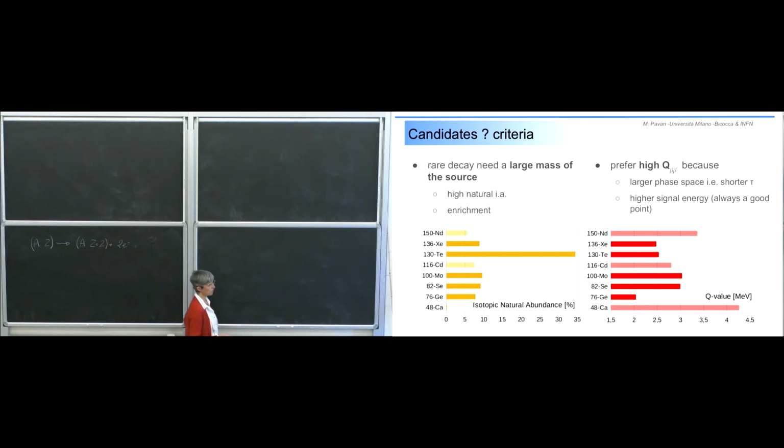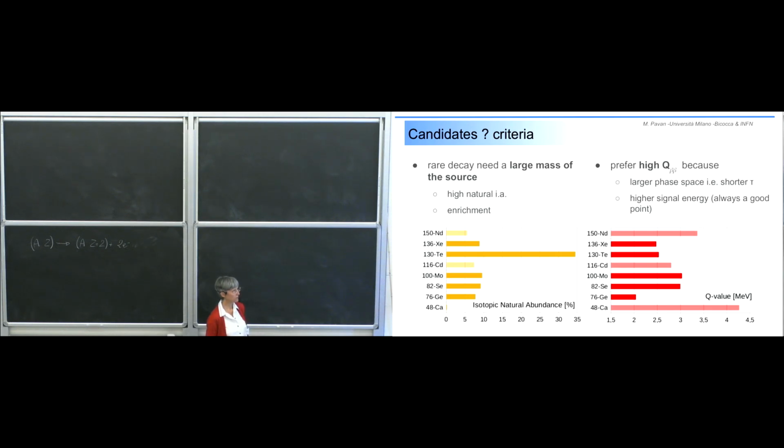Here you see already a selection of isotopes, and what I have done, and Wikipedia did not do, is to select isotopes with high Q value. Maybe they are not all of them. Those with high Q value are beta minus decays. So all these isotopes decay with the emission of two negative electrons. And here you see the Q value.